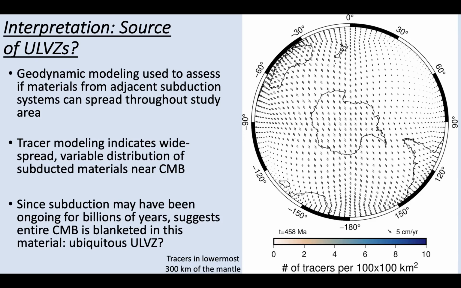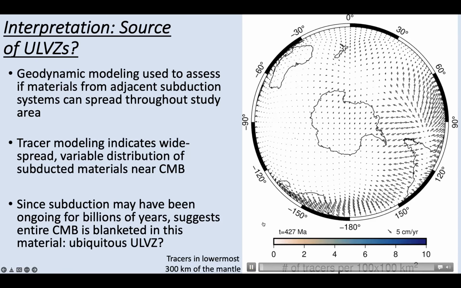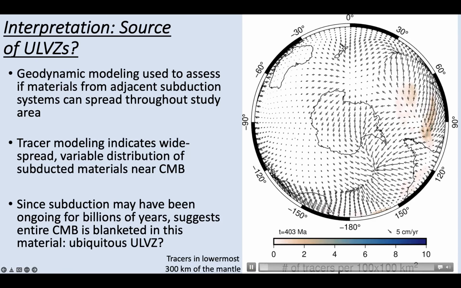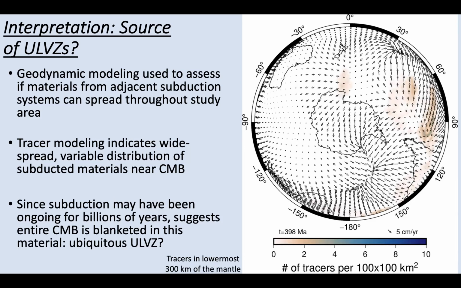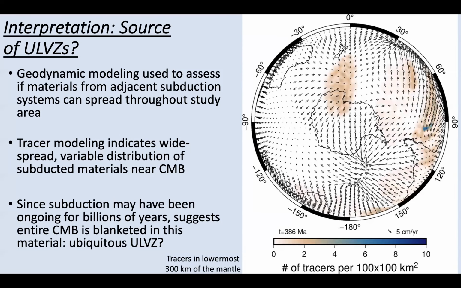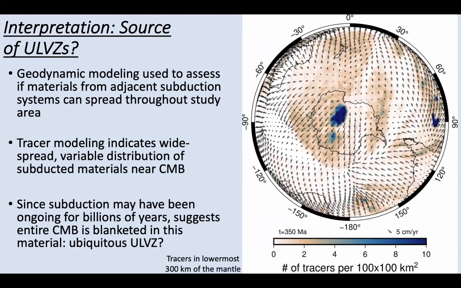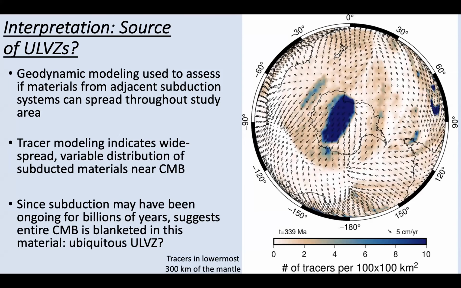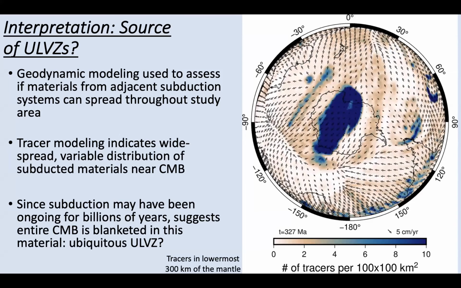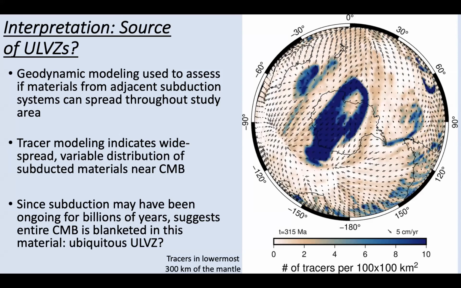And as I start this, I'll go ahead and do that. You're going to start seeing colors showing up here, kind of brown and then more blue, which is basically indicating the number of tracers in any one particular area. So in other words, these tracers are meant to represent subducted materials that are getting pulled down into the lower mantle and spread across the core-mantle boundary.